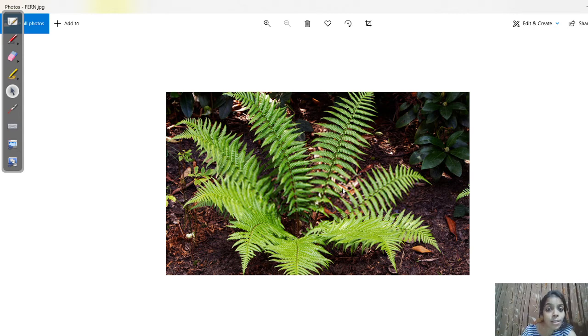So moss is also called Bryophyta, and fern is also called Pteridophyta. So bryophytes lack vascular tissues; pteridophytes have vascular tissues.